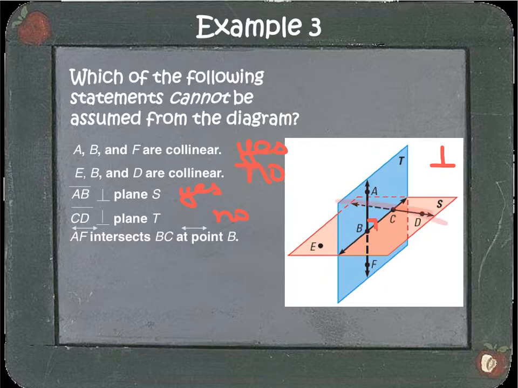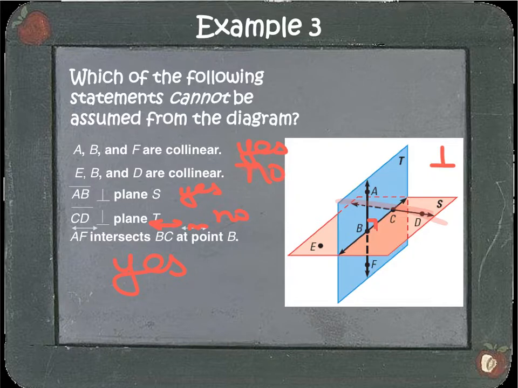So we can't assume they're perpendicular. All right, now, this last one, the line marking should have been on top of the BC, not right here. So does line AF intersect line BC at point B? Yes. So we can assume that.